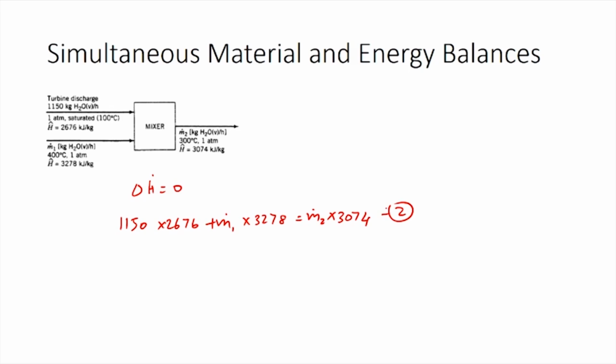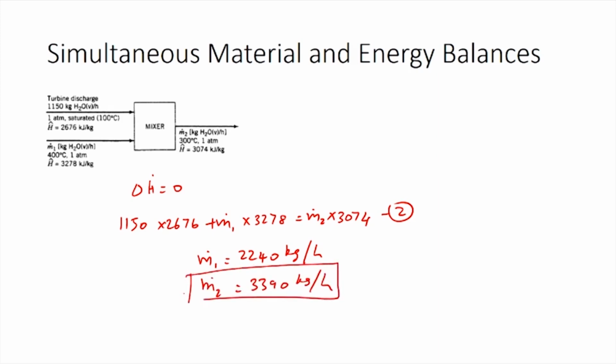Using the material balance and this equation, we can solve them simultaneously to get m1 dot and m2 dot. So, m1 dot from here would be 2240 kilograms per hour and m2 dot would be 3390 kilograms per hour. m2 dot is the mass of the final superheated steam which is produced from the mixer. So, 3390 kilograms per hour of superheated steam at 300 degrees Celsius is produced from this mixer.